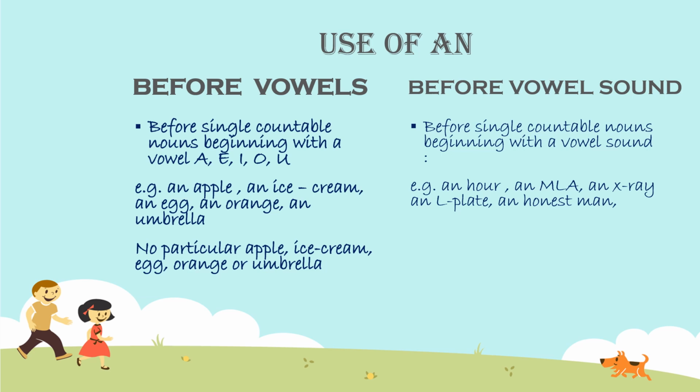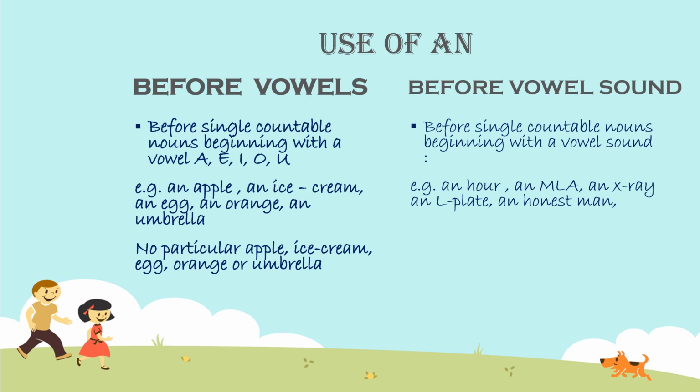See, an hour. Here H is silent. An honest. Here H is also silent. If you look in the grammar book, you will find this rule only, that H is silent. But you do not have to worry about it. The only thing is that you should remember that we use an before hour and before honest.